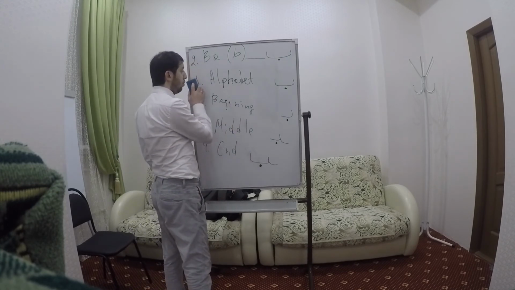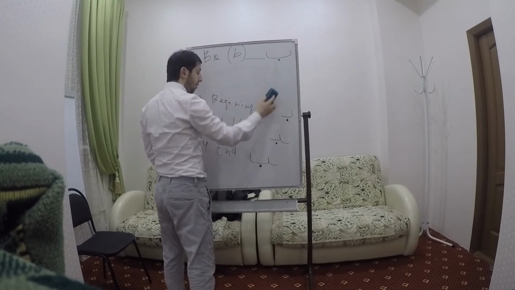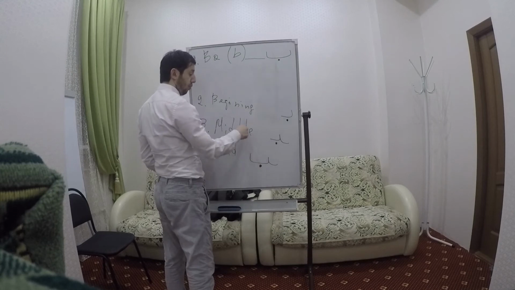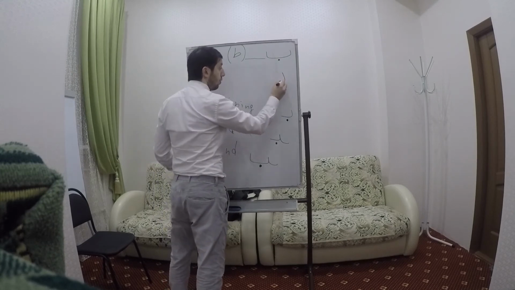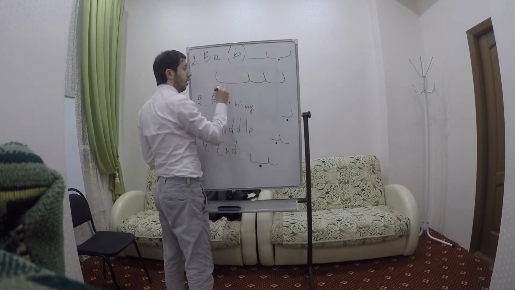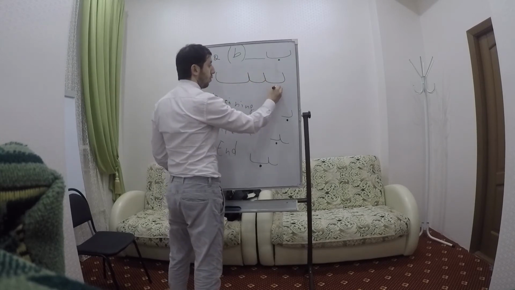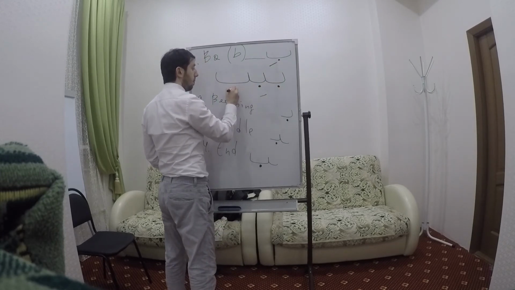Now I want to write the three forms, the beginning form, middle form, and end form, and show you. Look, we can use three harakats, diacritics, for example.